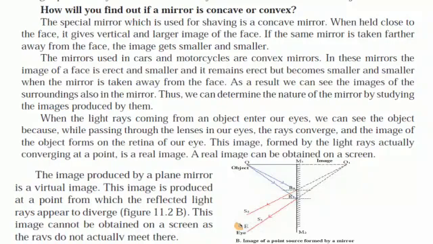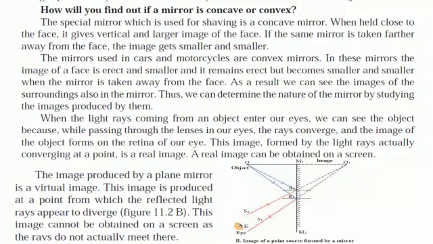A real image can be obtained on a screen. In the figure you can see the image of a point source formed by a mirror. The image produced by a plane mirror is a virtual image. This image is produced at a point from which the reflected light rays appear to diverge. 11.2b.